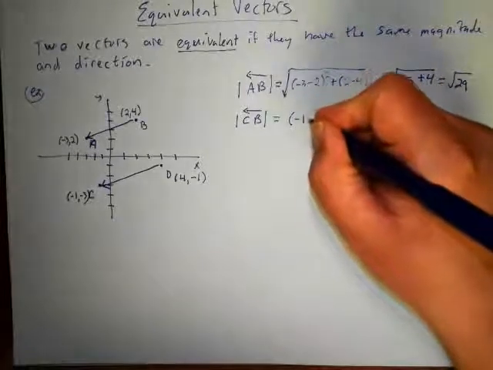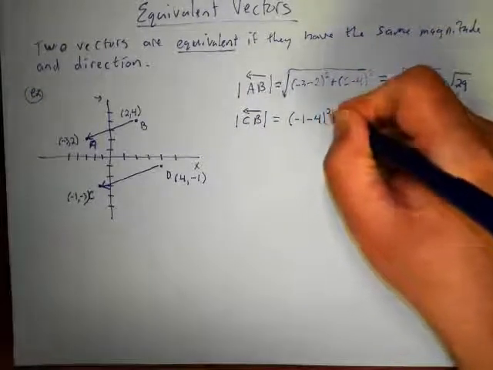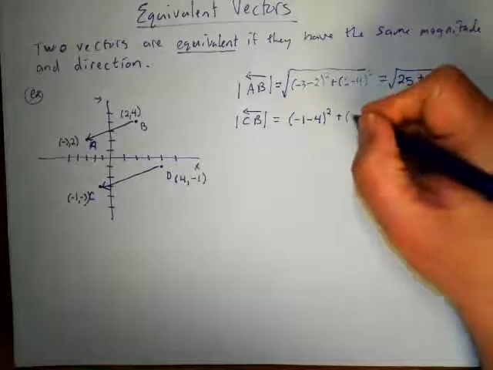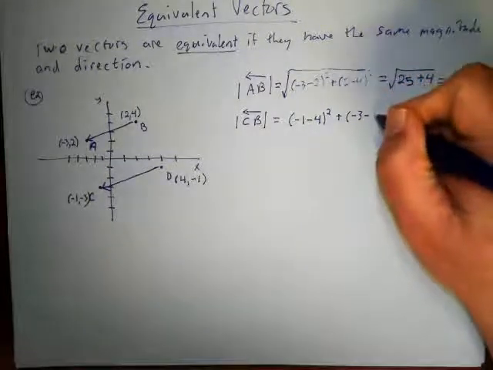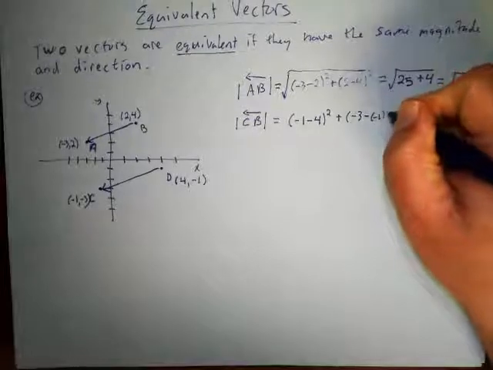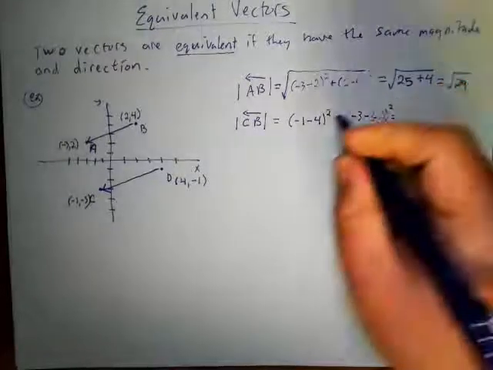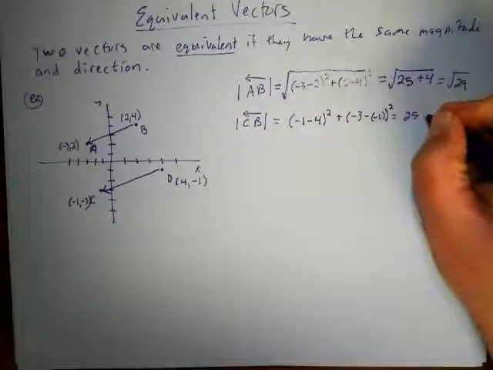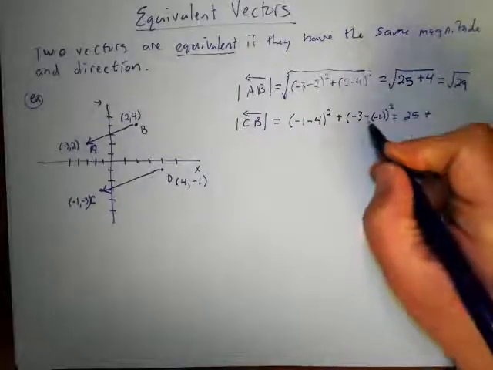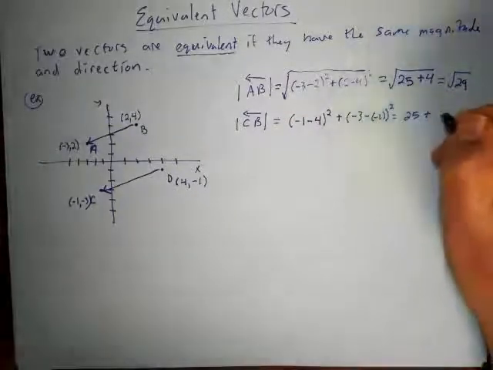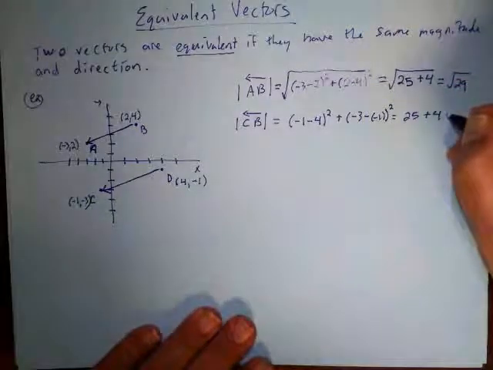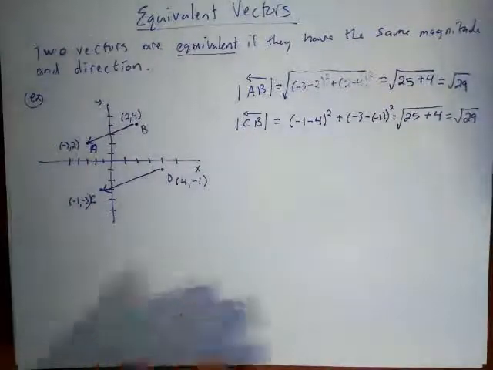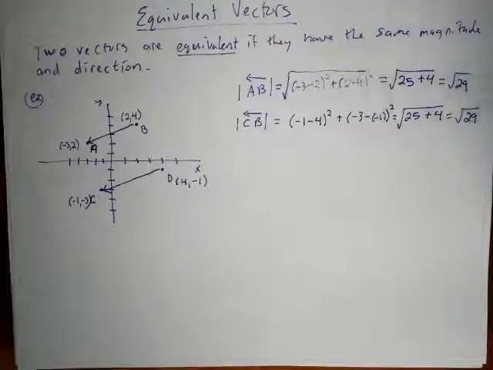We have -1 minus 4, that quantity squared, plus -3 minus a -1, and that quantity squared. -1 plus a -4 is -5 squared, so that's 25, plus -3 plus a +1 gives me -2 squared, so that's 4. And we see that these both have a magnitude of square root of 29. So they have the same magnitude.